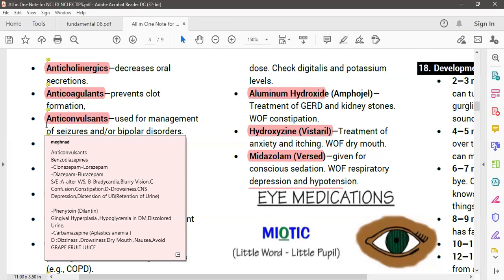So it is good, do not chewing or crush out the anticonvulsant tablet. So anticonvulsant, when you give, avoid the taking antacid at the same time, especially with phenytoin.